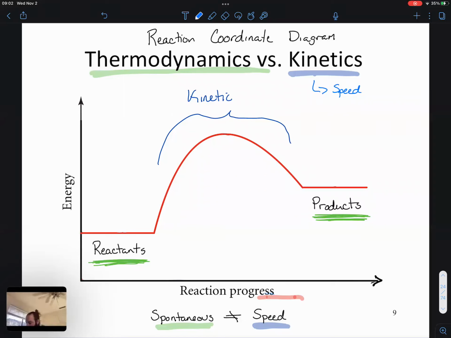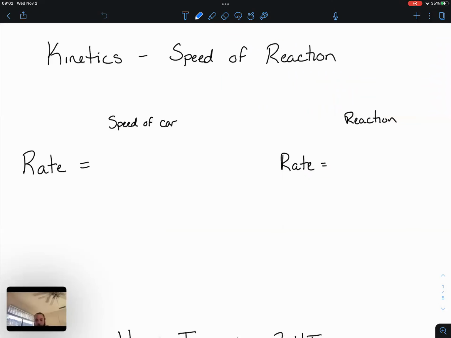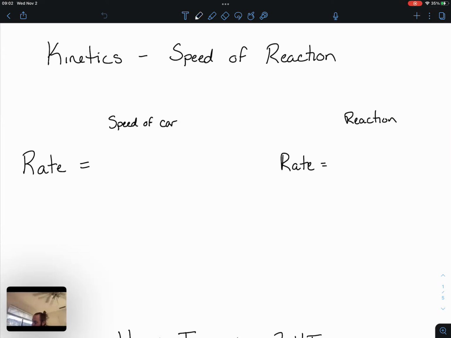All right, so first of all, with kinetics, our main concern is the speed of a reaction, and we're going to talk about this in terms of reaction rates. We encounter rates on a daily basis in our lives, most commonly every time we step into a car.